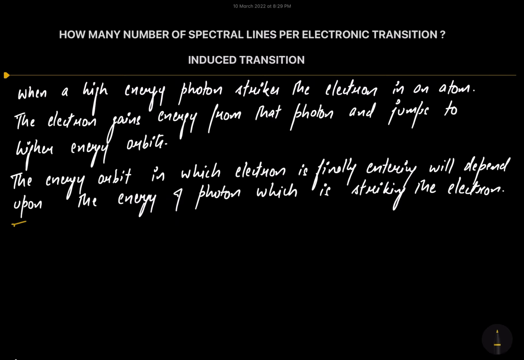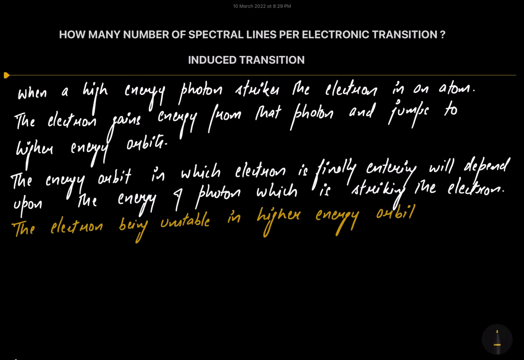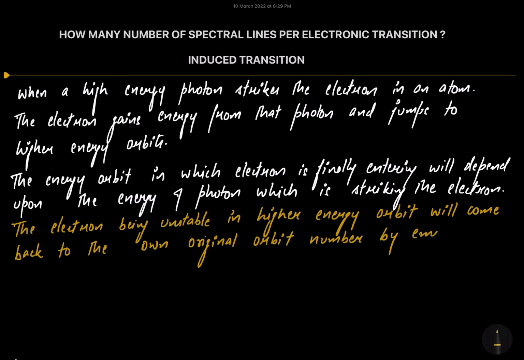Here I am writing: the electron being unstable in higher energy orbit will come back to its own original orbit number by emitting certain number of photons.